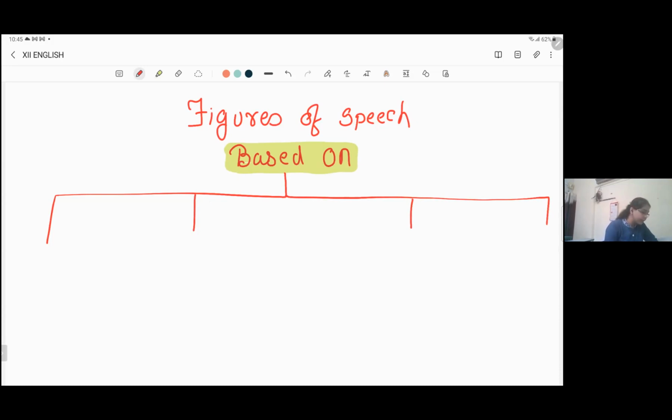Figures of speech is based upon, first thing, resemblance. Next, it is based on contrast.